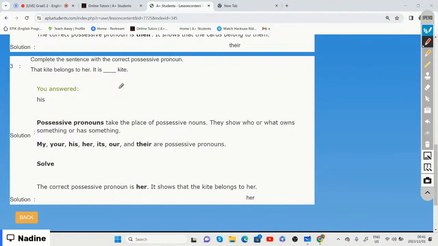So it is her kite. Right? So if it belongs to her, then it is her kite. And her is our possessive pronoun. And it shows that the kite belongs to her.